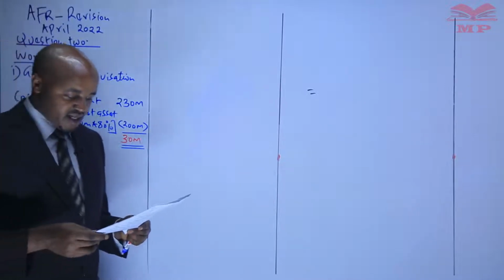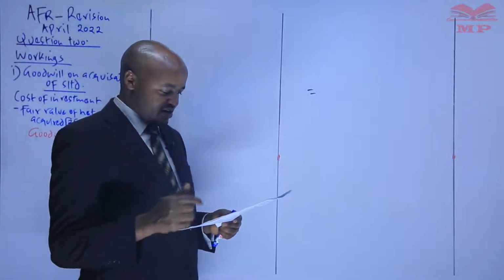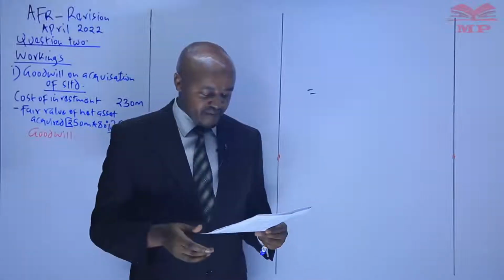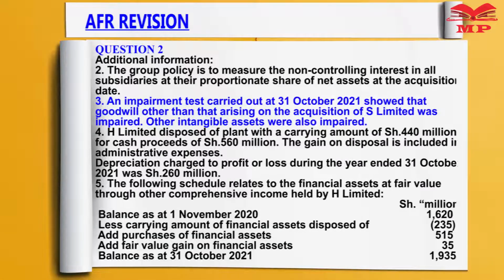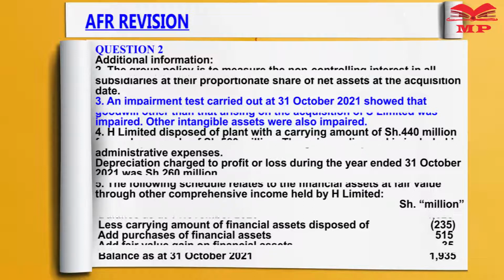Now, there is some other information which is given. If we just go to note number 3, we are told the impairment test carried out on 31st October 2021, that is now the current year, showed that goodwill other than that arising on acquisition of S was impaired. So meaning that the goodwill on acquisition of other subsidiaries had impaired, except the goodwill on acquisition of S Limited.